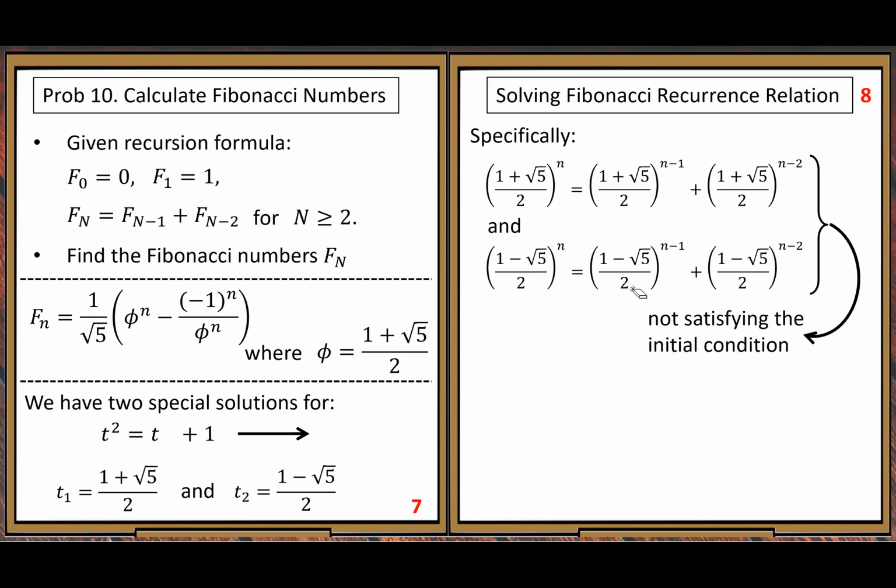These two solutions do not satisfy the initial condition, so we cannot use them as our final solutions. We need to do some critical work to get the final solution.